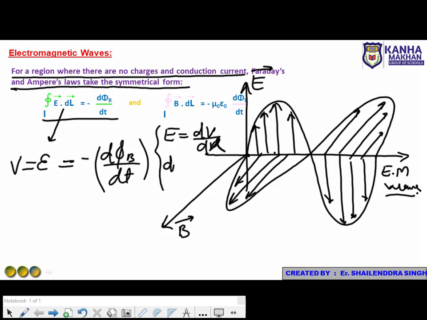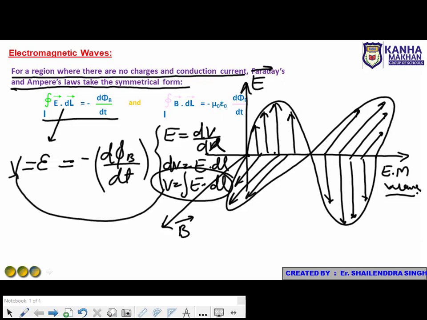Therefore dV can be written as E into dl. And therefore we can write V equals the integration of E into dl. You can easily understand the condition, and just putting the value of V here, you will get the result.